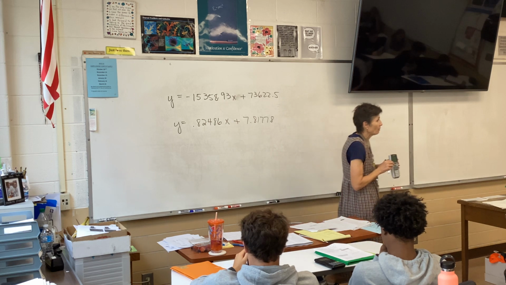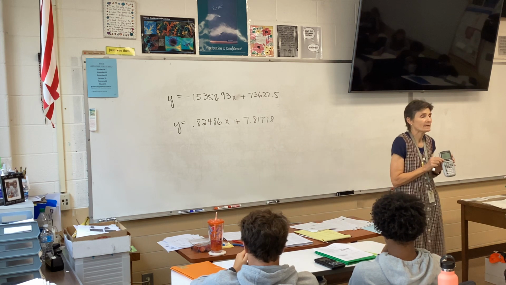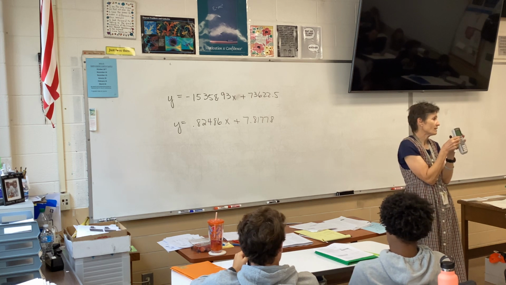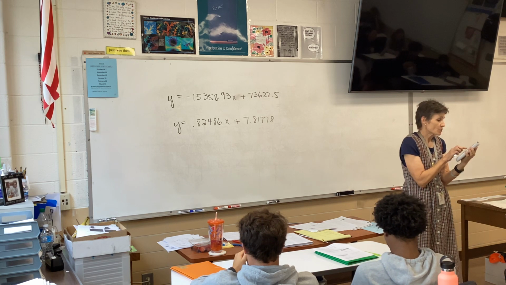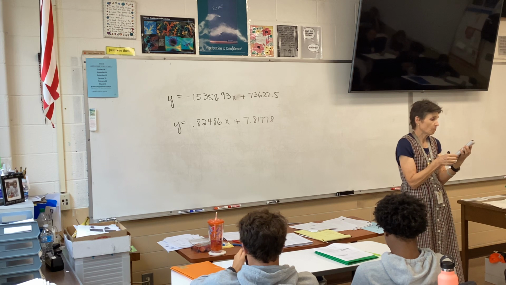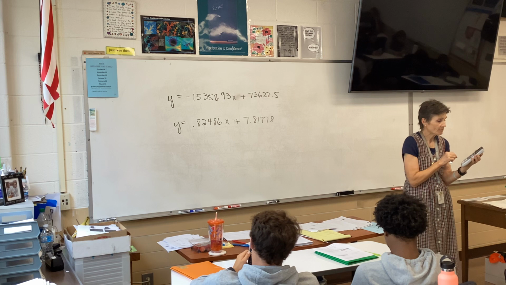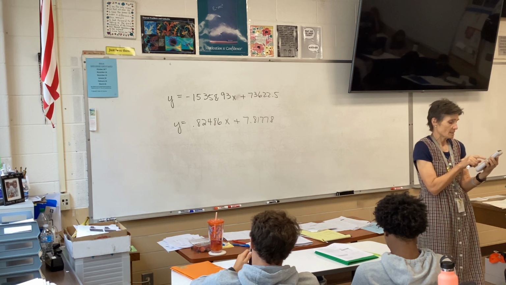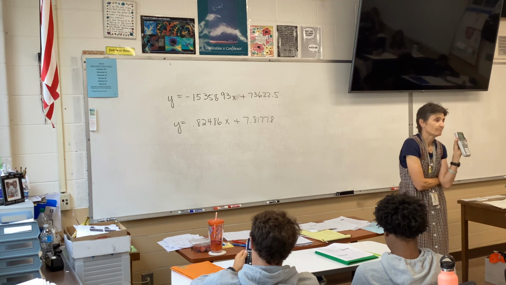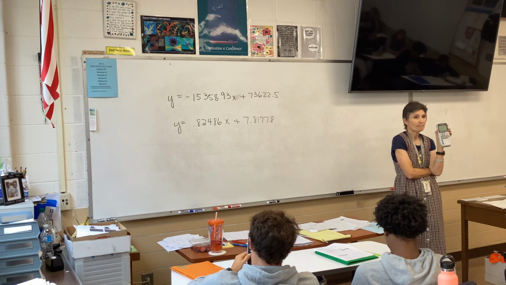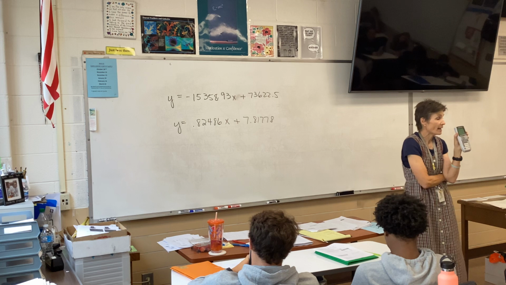Now, I've got to turn my plot on. It won't plot points unless I turn my plot on. So I'm right up here, that's my Y equals button, stat plot. So I'm going to turn that on, plot 1, turn it on, and then hit graph, and it will plot those points for me. They're not a perfect line, but are they moving in a linear way?